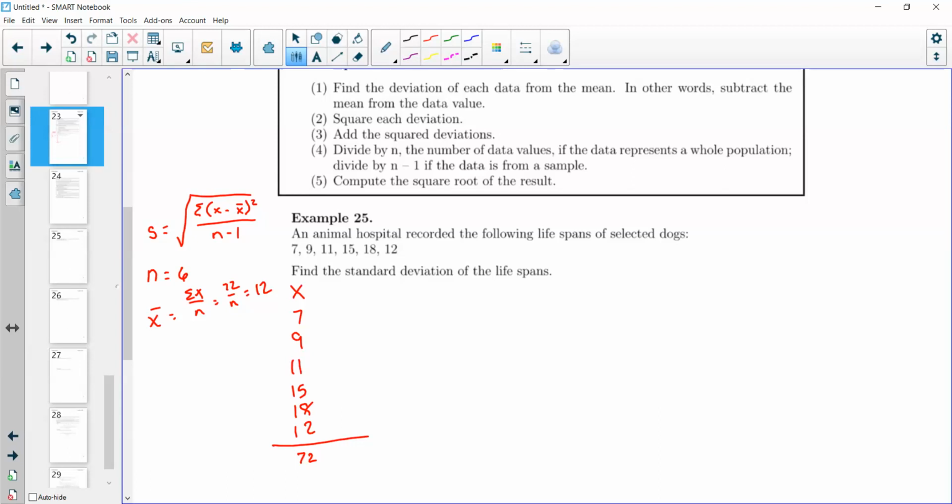So the next thing I want to do is see how far away from the mean each data point is. I'm going to take x minus the mean. 7 minus 12, 9 minus 12, 11 minus 12, 15 minus 12, 18 minus 12, and 12 minus 12.